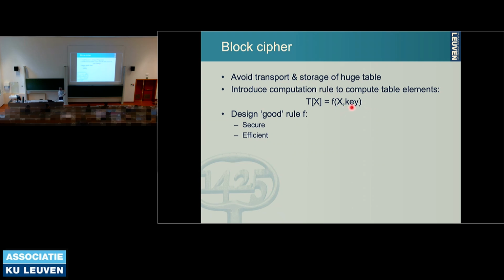The function that we now need to decide upon should have two properties. It should be fast to compute, because we will compute it all the time, and it should be secure, meaning that we don't want someone who sees outputs to be able to invert this function and get back the X and/or the key. And so this function f is actually a block cipher.